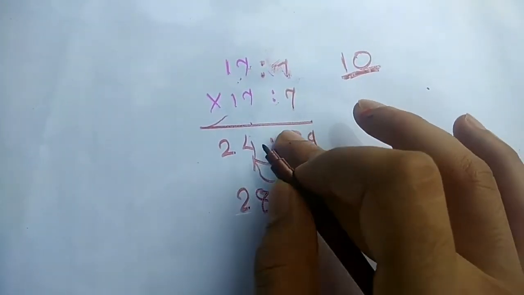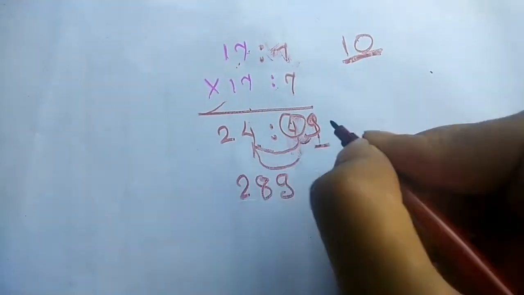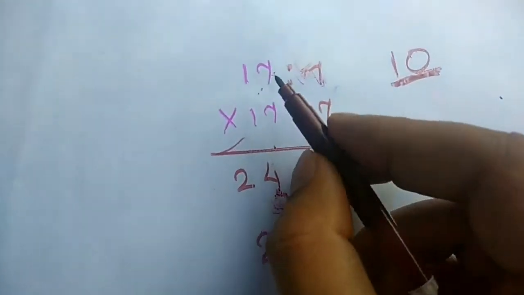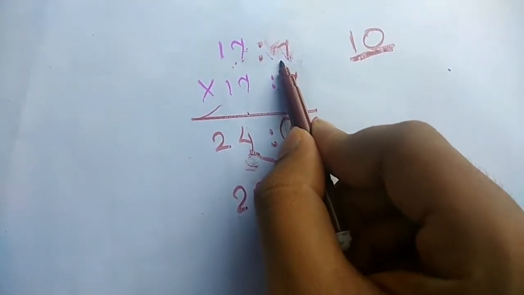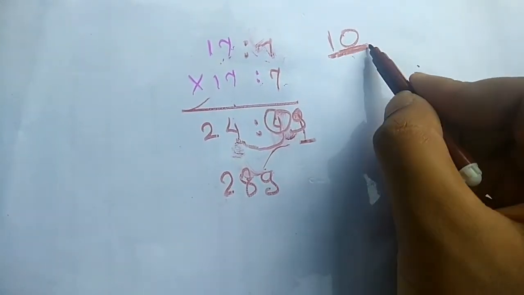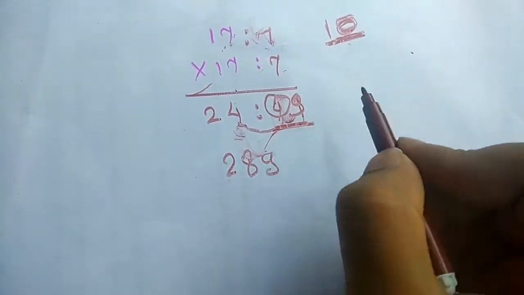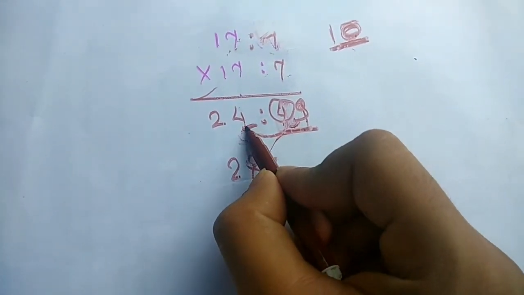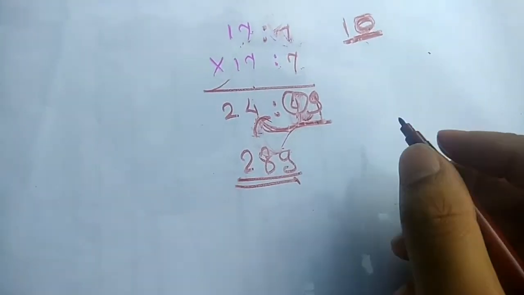Did you get what I have done here? 17 is greater than 10 by 7. 7 sevens are 49. But our base is 10, which contains only one single 0, and we have 2 figures on our right side. So we take the 4 on this side and add it, and we will get 289.